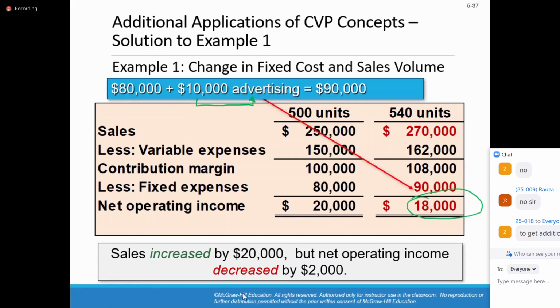It is to get additional sales of how many units? To get an increase of sales. Yeah, that is good that you are with me and you are thinking of the total picture, not only looking at the numbers.